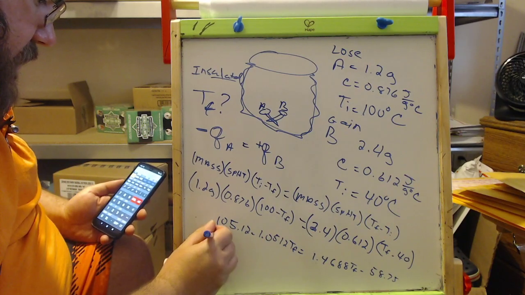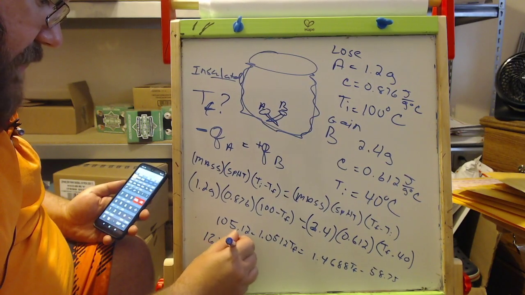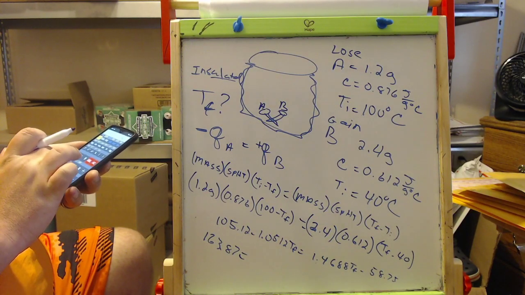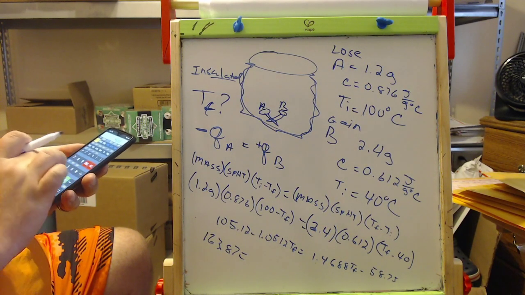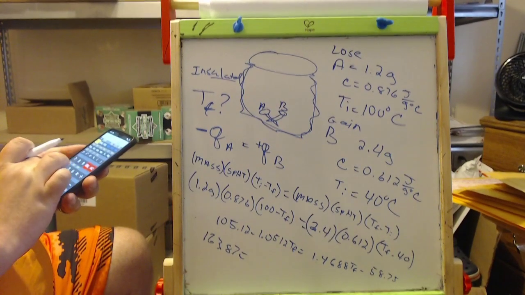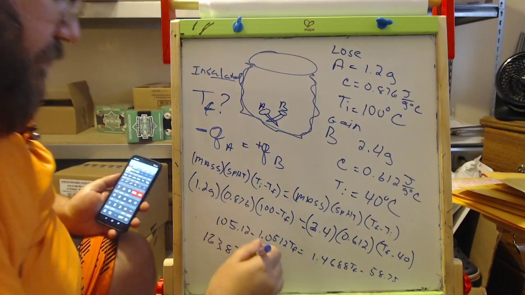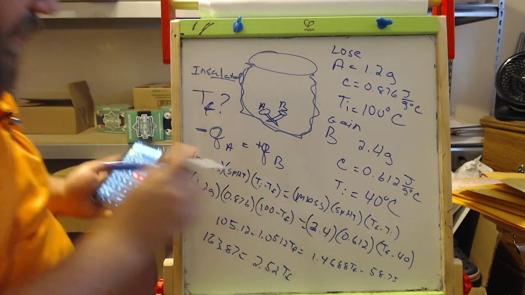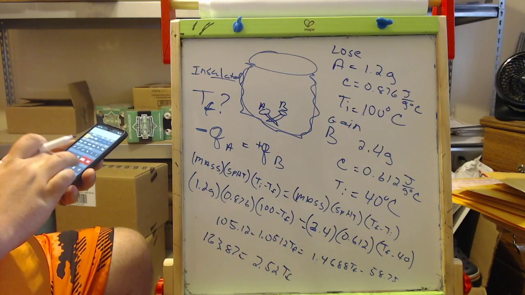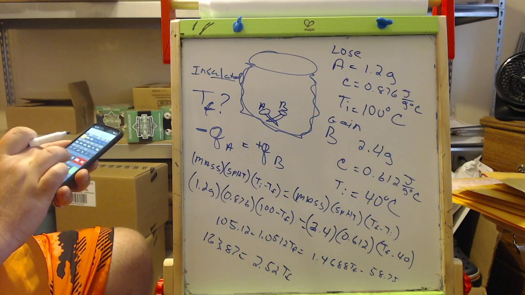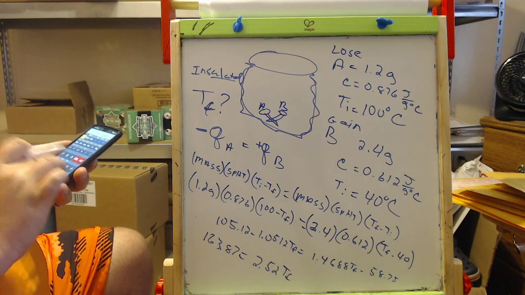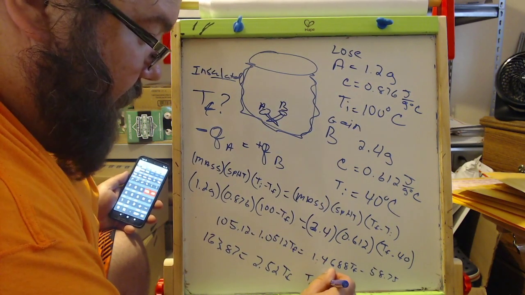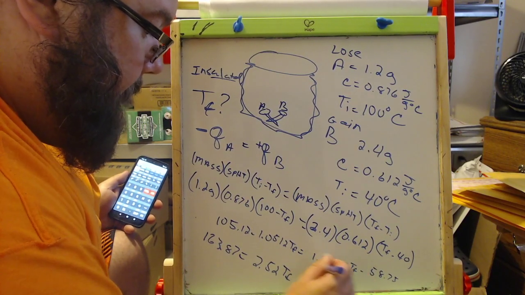I get 163.87 equals, now I'm going to bring that over here, 1.4688 plus 1.0512. I get 2.52 TF. And now solve. Take 163.87 divided by 2.52. And I get a temperature of, my final temperature will rest at 65 degrees Celsius roughly.